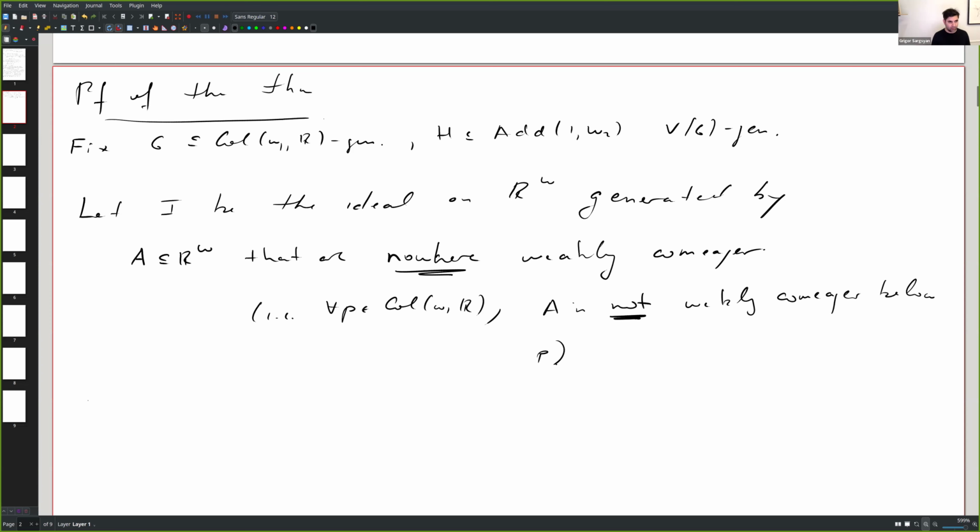So this is our ideal. And now we force with Col(omega, R). What is the idea?